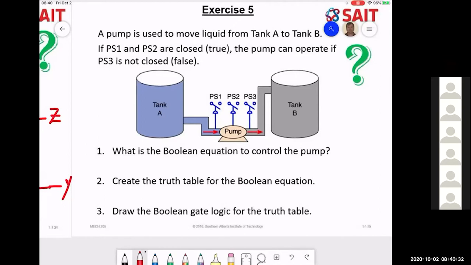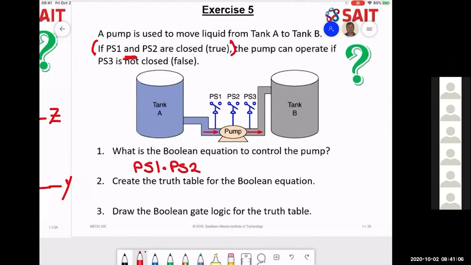I'm going to go through this slowly and talk about my logic of how I get to an answer. If I start looking at the first sentence, if PS1 and PS2 are closed, there's an AND here. So I've got PS1 and PS2. The pump can operate.